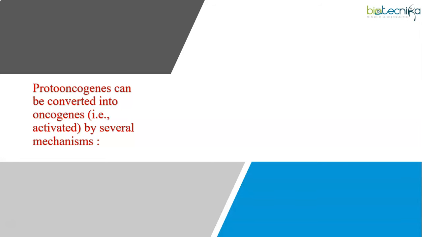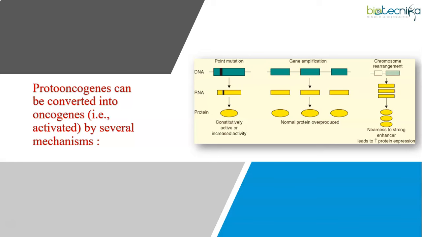So first we have how the proto-oncogenes are converted into oncogenes. Three common mechanisms that are involved are, as I told you, a single nucleotide mutation can make it constitutively active. Gene amplification. Amplification indicates increase in the gene expression, protein production.